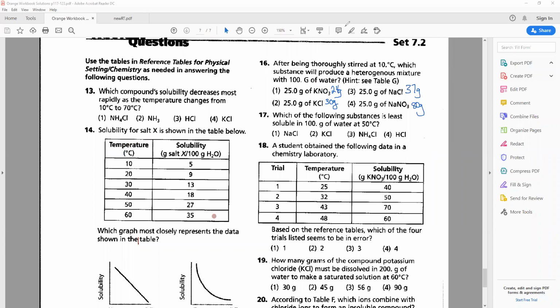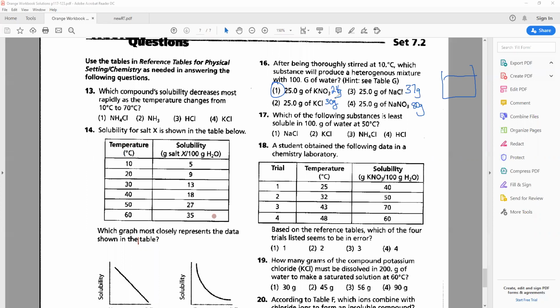So let's see. Even if you have no idea, you're going to see that 30 is above 25, 37 is above 25, and 80 is above 25. You cannot have three right answers, so this is going to be the answer. But now let's explain why. If you have 100 grams of water, in order for you to have a saturated solution, you need 24 grams to dissolve.